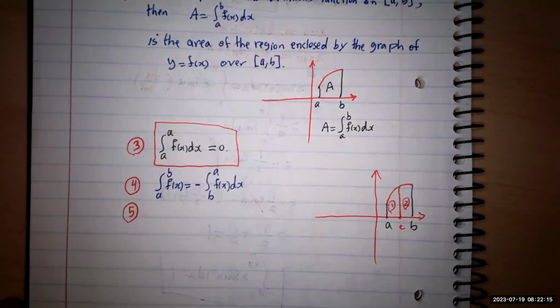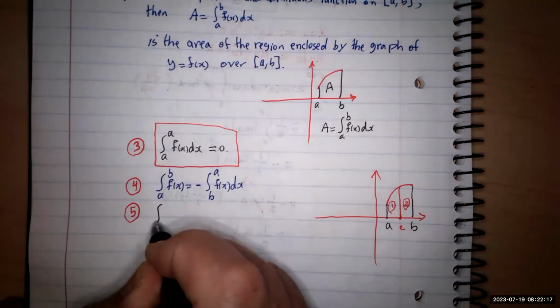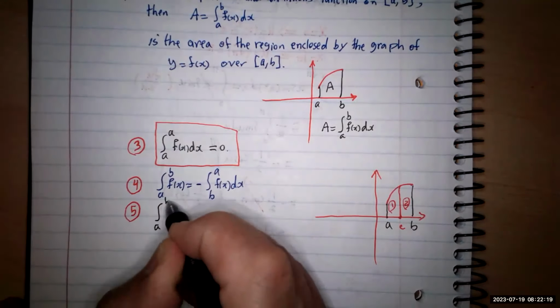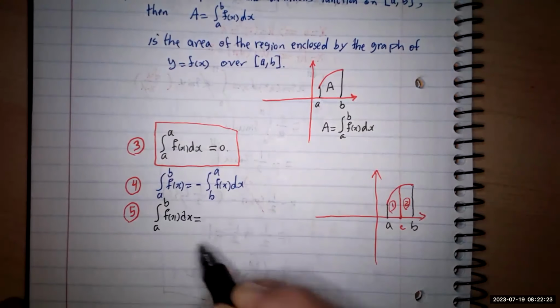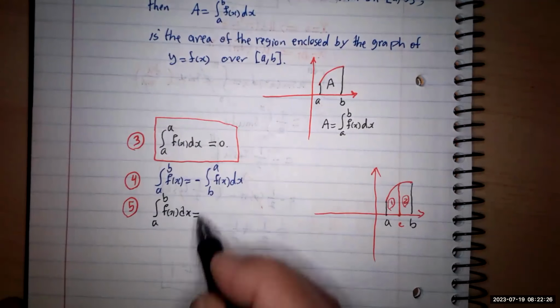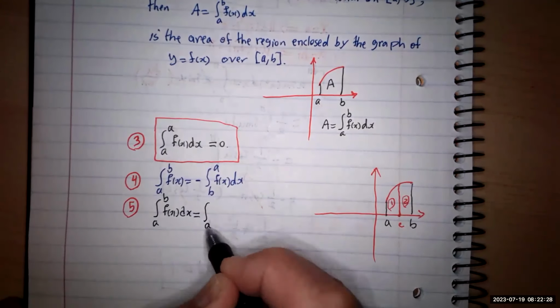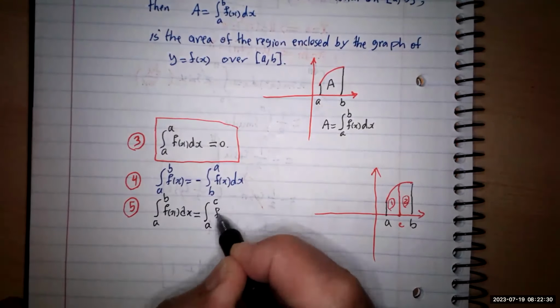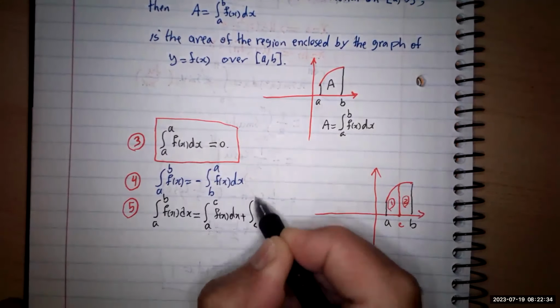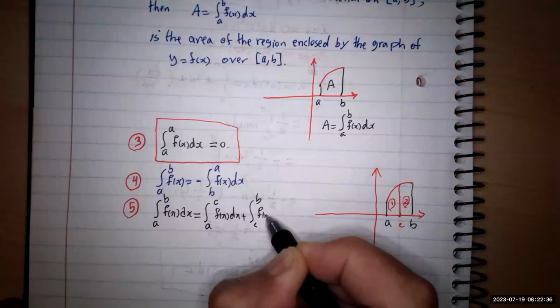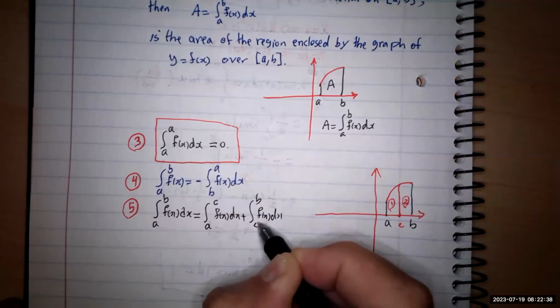So the integral of A to B, f of x dx, if you like to break it, yes, you can do it. It's going to be the integral from A to C, f of x dx, plus the integral from C to B, f of x dx.